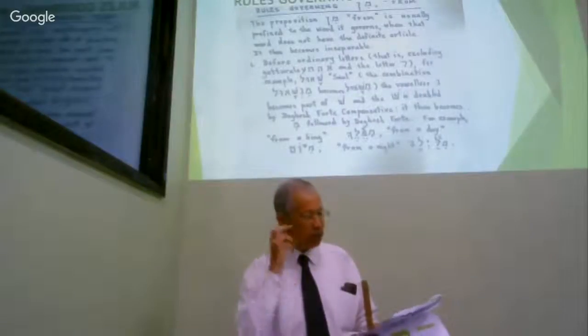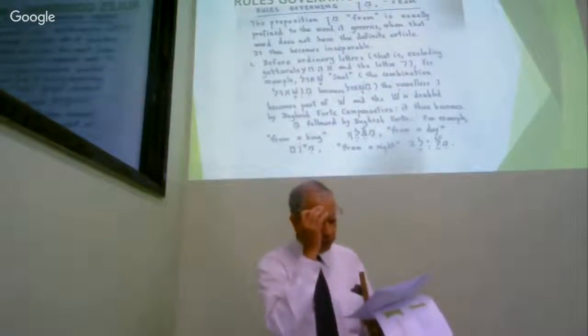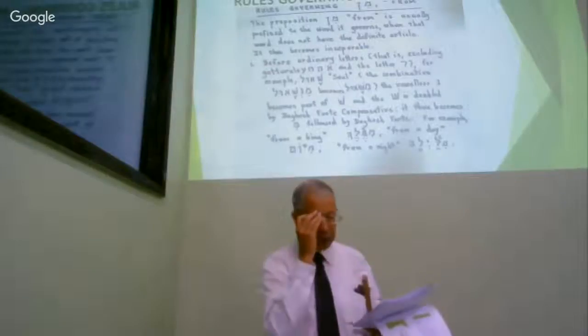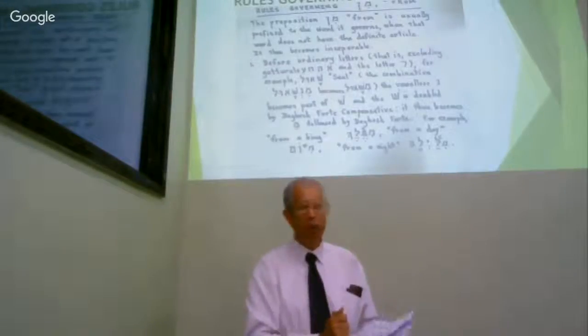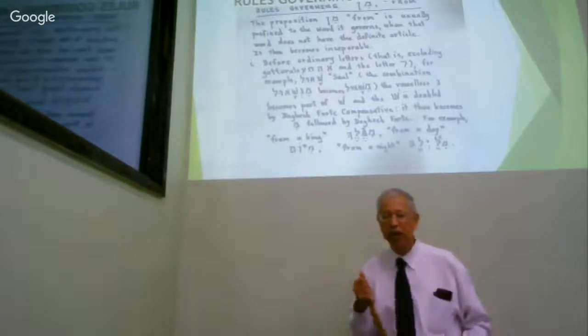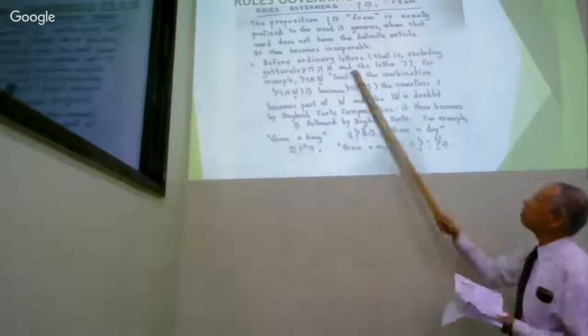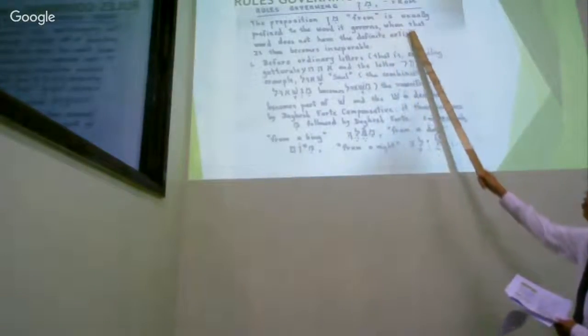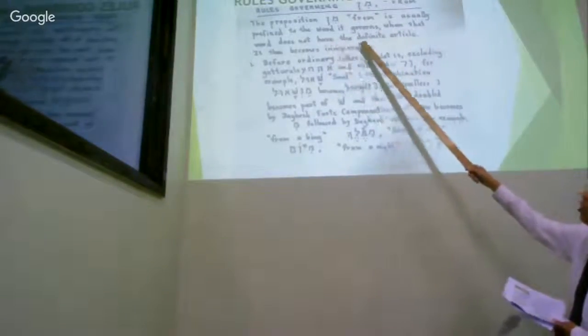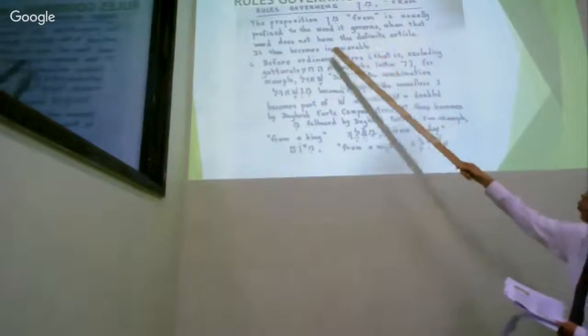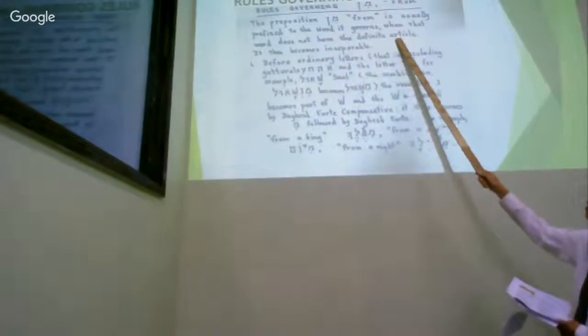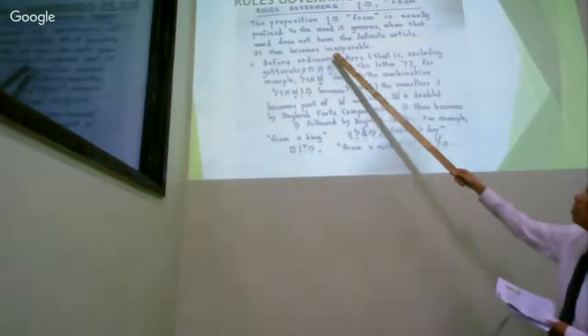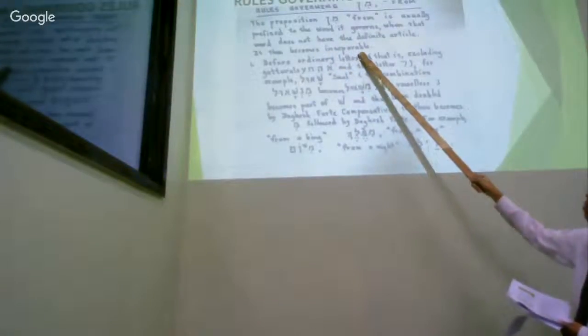Now, this part here dealing with min, you need to know. Concerning min, which is another preposition, it is a preposition that means from. The preposition min, from, is usually prefixed to the word it governs when that word does not have the definite article. It then becomes inseparable.